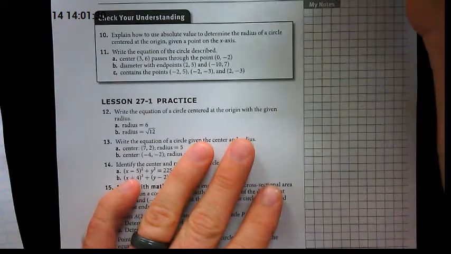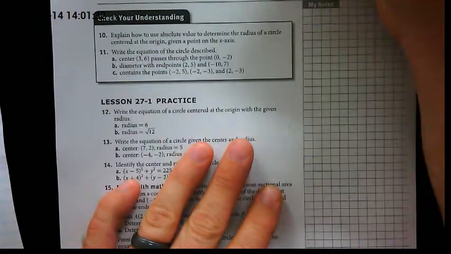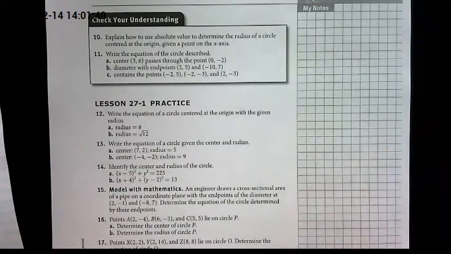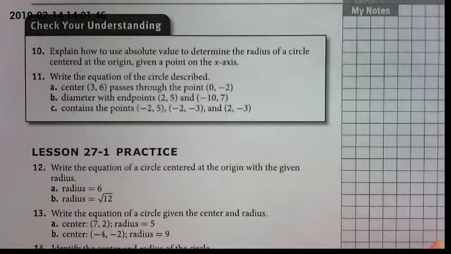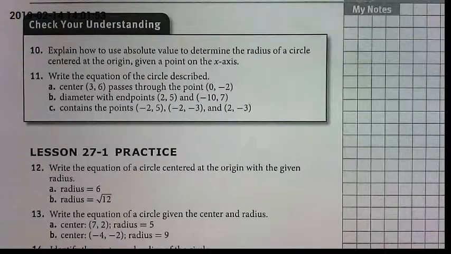It says, explain how to use absolute value to determine the radius of a circle centered at the origin, given a point on the x-axis. Well, that seems kind of an odd question. But let's think about why we're talking about absolute value. What are we dealing with?